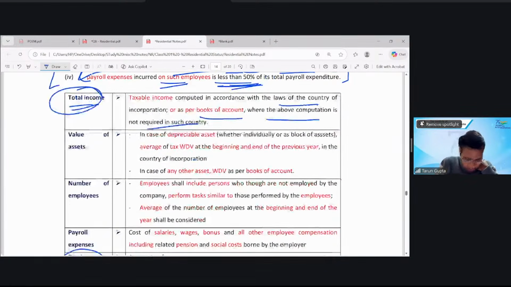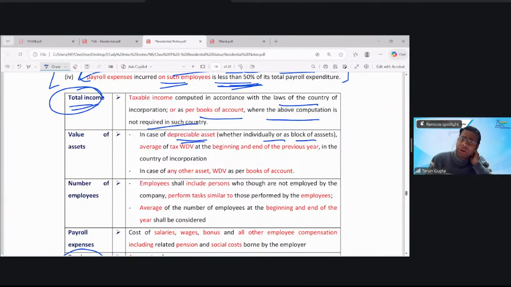Okay. Now we come to the assets. How do we determine the value of the asset? In case of a depreciable asset, it is the average of the opening and closing WDV. In case of a depreciable asset, whether individually or as a block of assets, it depends on whatever the law is in the country of incorporation.